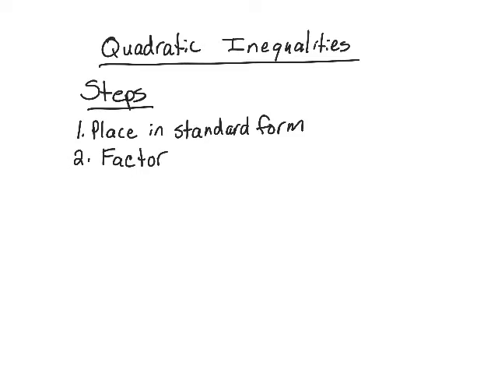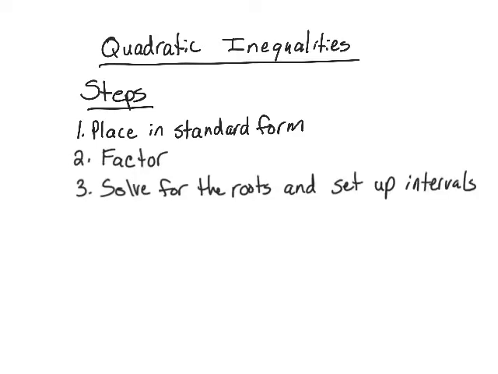I'm not going to give you any that need the quadratic formula, because we're really trying to figure out the inequality part and not the factoring part. Then you're going to solve it like it's a regular equation, only you're going to take those roots and they're going to be the transition points for intervals that we're going to set up.